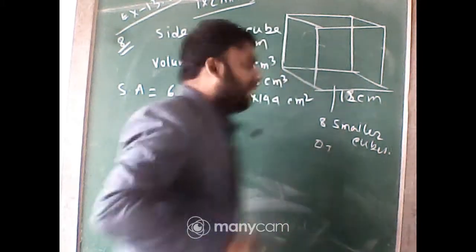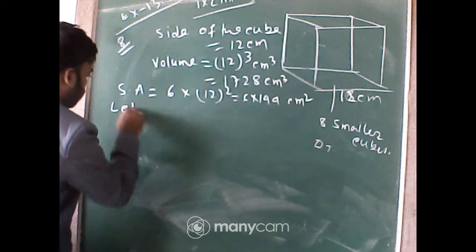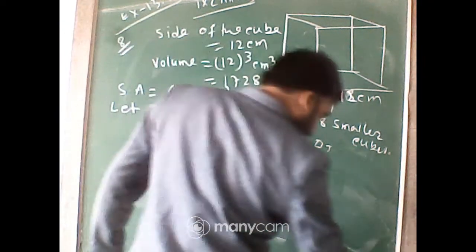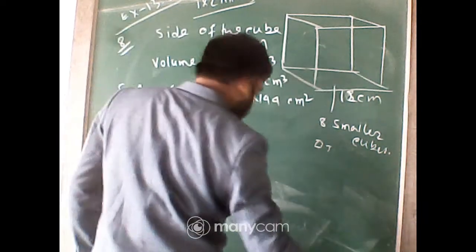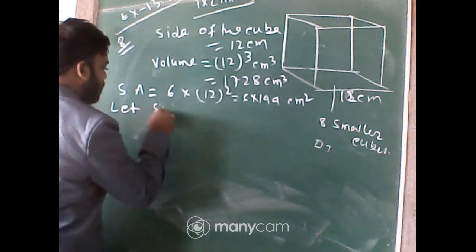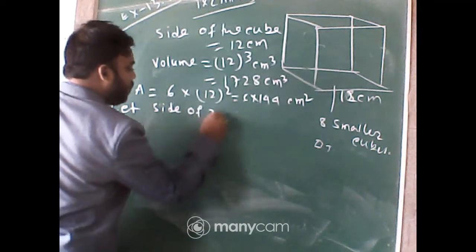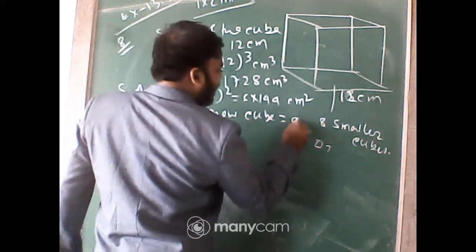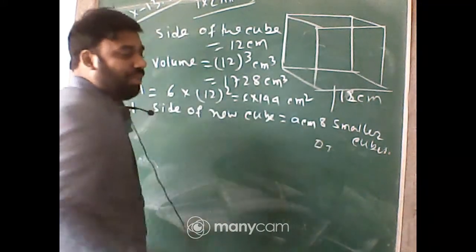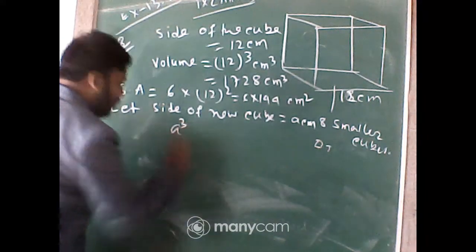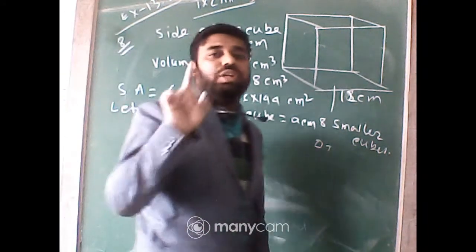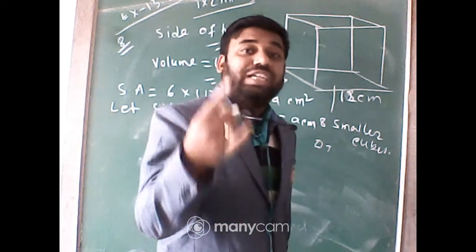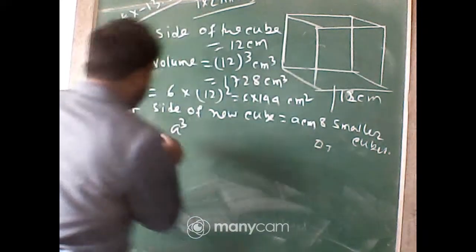So let the side of the new cube be a centimeter. As a centimeter, the volume of one new cube will be a cube, and the sum of the volumes of 8 cubes is 8 a cube.